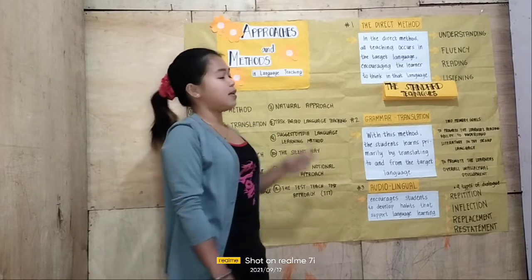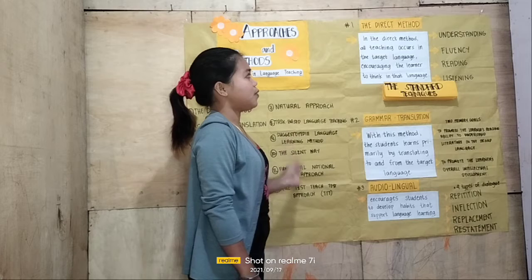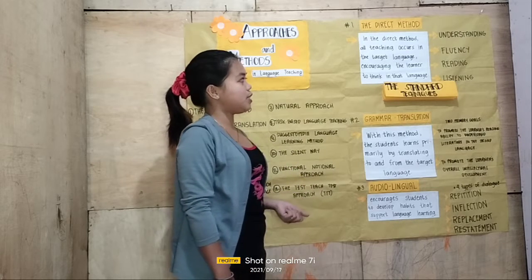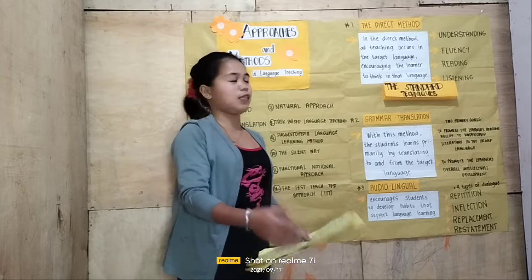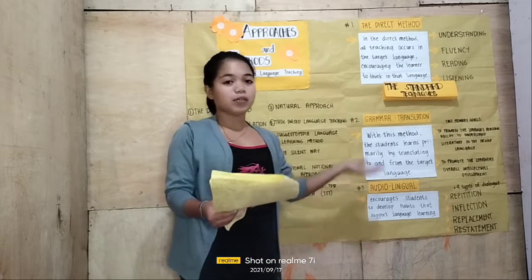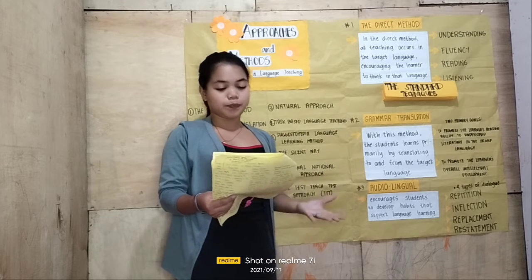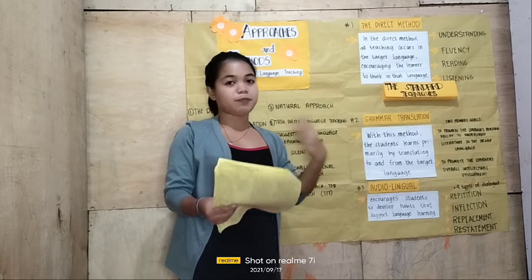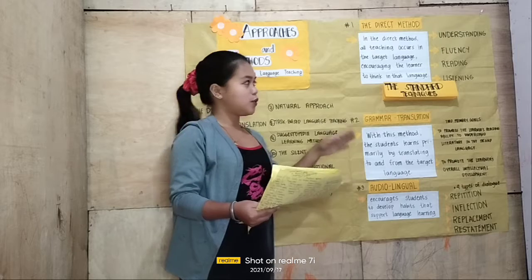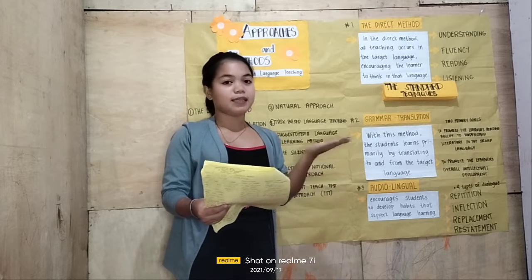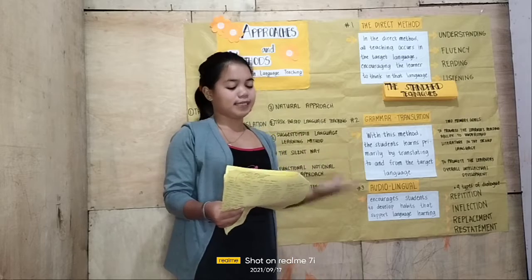Number 1, the direct method. In the direct method, all teaching occurs in the target language, encouraging the learner to think in that language. The goal of this method is to develop connections between experience and language. They do this by concentrating on good pronunciation and the development of oral skills.